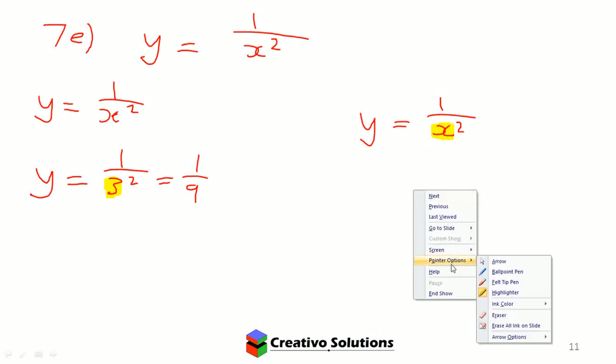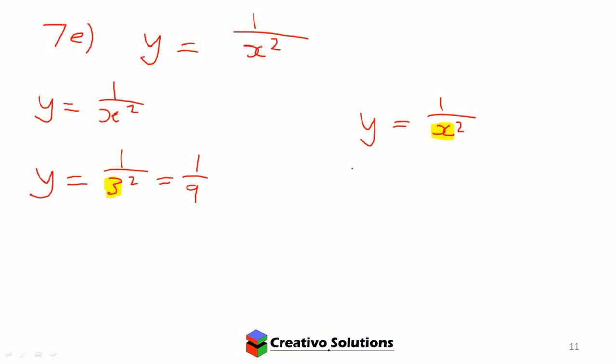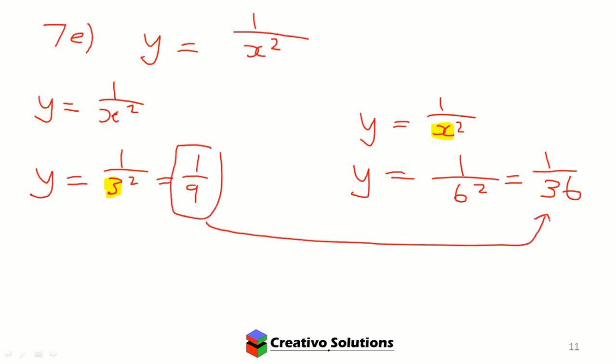That's going to be doubled. Doubled means times 2. So then I'm going to have y equals 1 over 3 doubled. 3 times 2 is 6. So I'll have 6 squared here, which is 36. So we can see that we now have 1 over 9, and we now have 1 over 36.